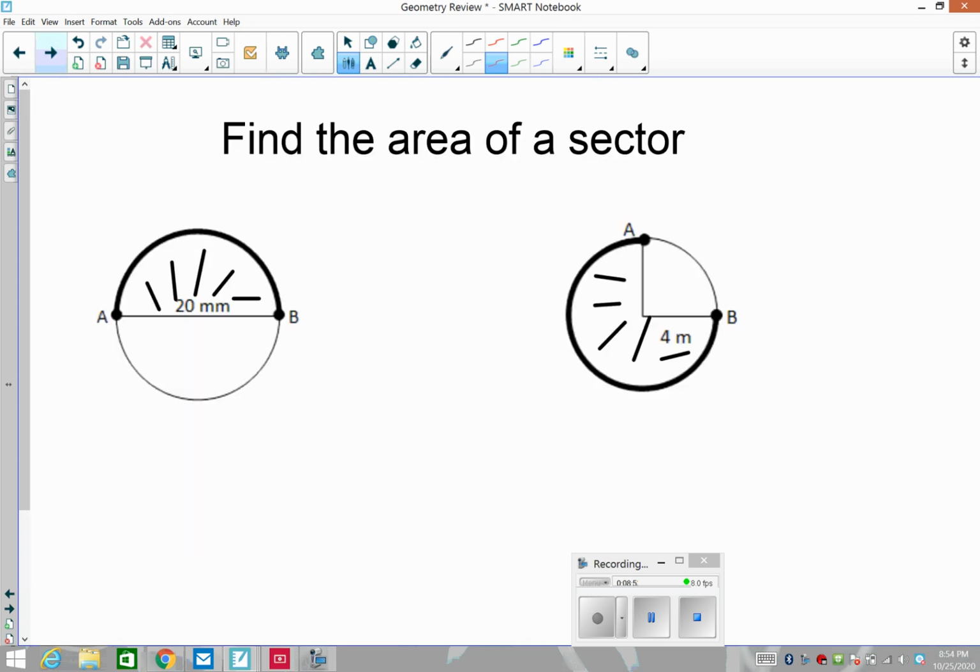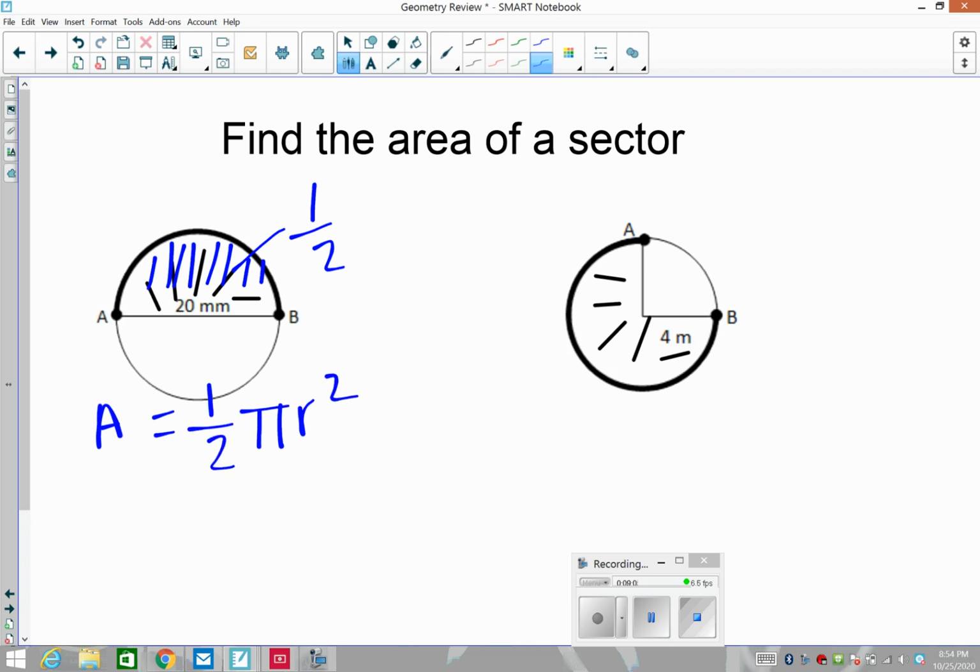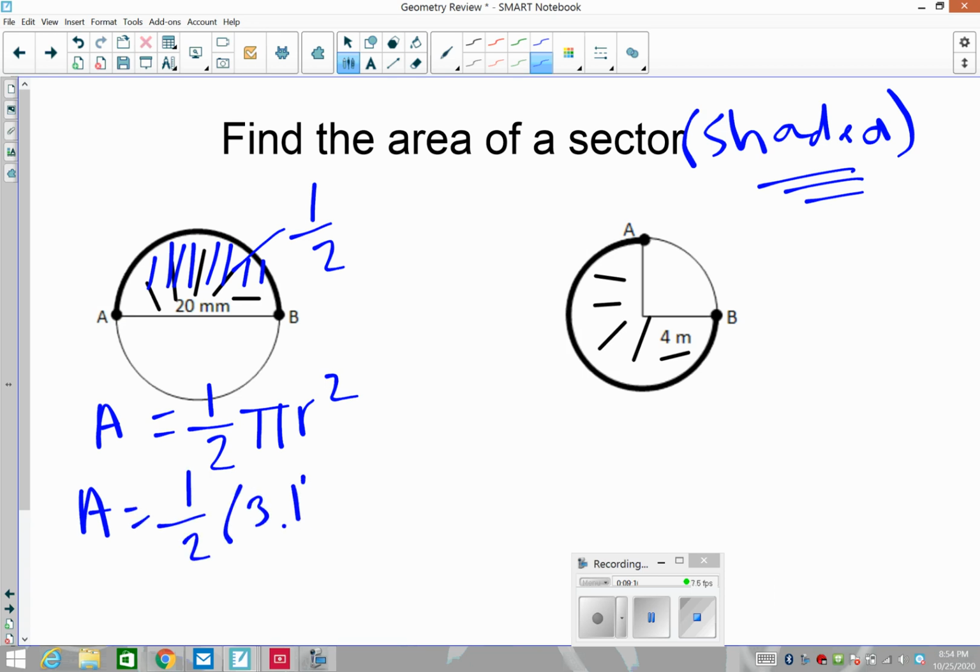Find the area of this sector. So what's left of the area would be 1/2. Area is measured by pi r squared. Sounds like area to me, but we only have 1/2 of it for the shaded. This should say shaded region in my directions. I kind of forgot that part. So area is measured by 1/2 times 3.14 times the radius squared.